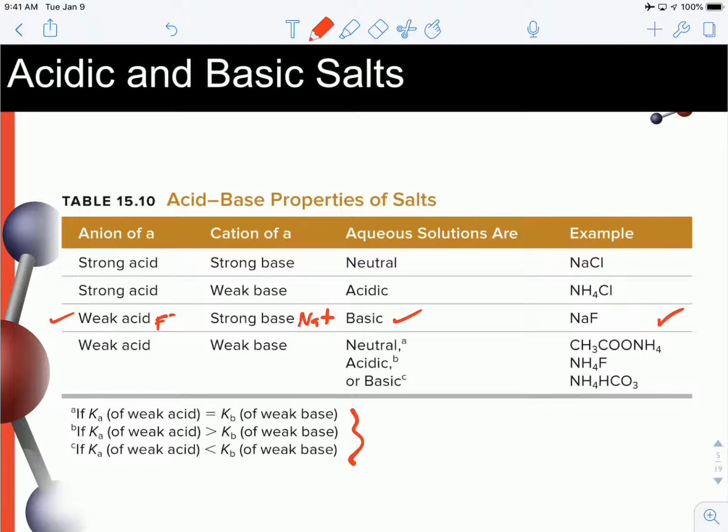or rather, an anion from a strong acid, so let's say right here, Cl negative, coming from HCl, and the cation from a weak base, NH4 positive. In this case, the solution is going to be acidic because we know the chloride's not going to do anything now. It's the ammonium that's going to do something in solution, right?